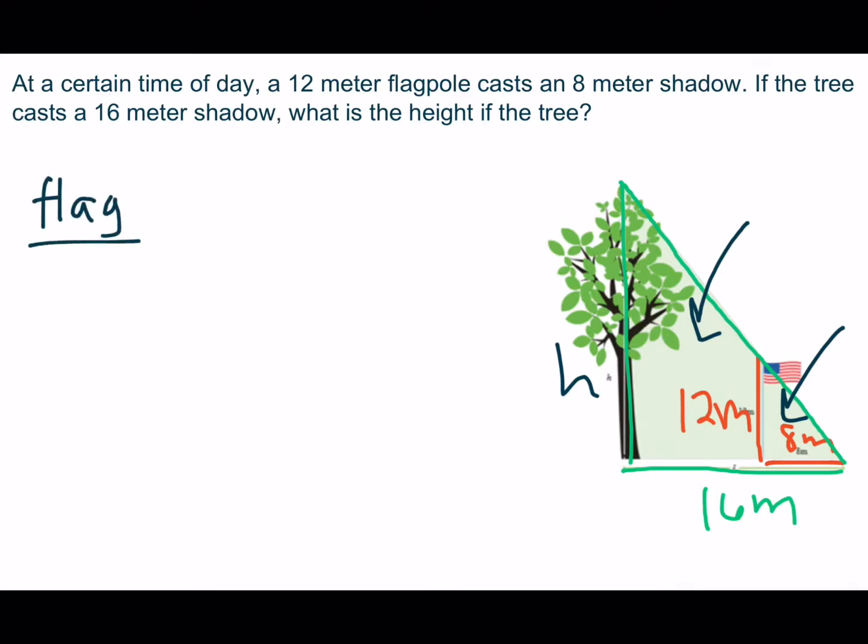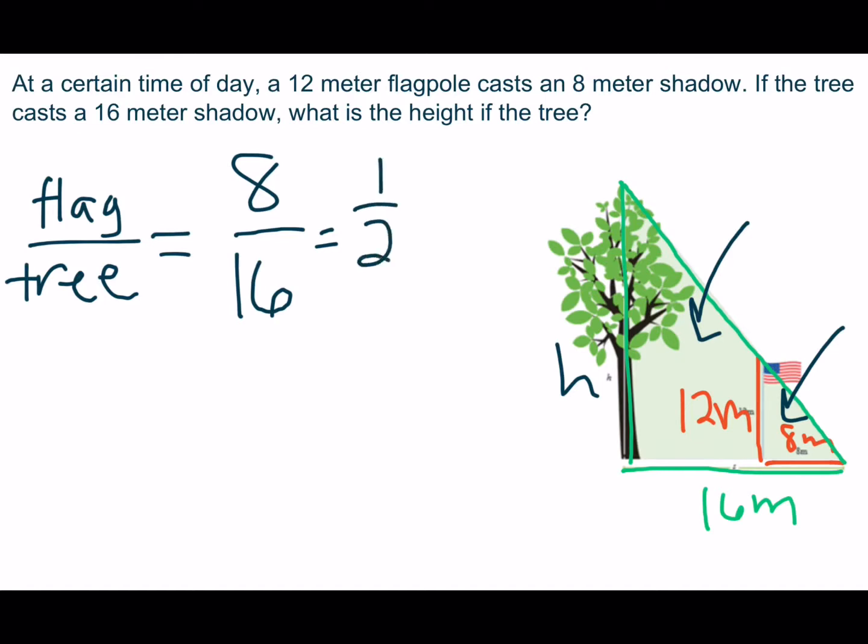And then we're going to set the ratio up with respect to the tree. And we'll start with their shadows first, why not, right? The shadow of the flag is going to be 8 meters. The shadow of the tree is going to be 16 meters. And again, simplify your fraction to make it easier for you to solve. This becomes 1/2.